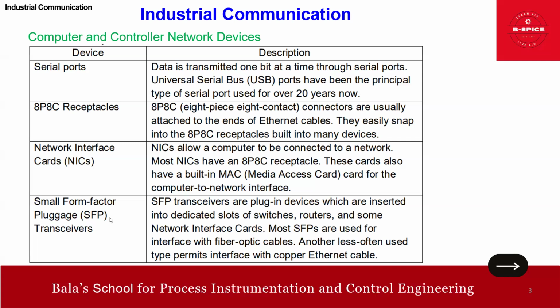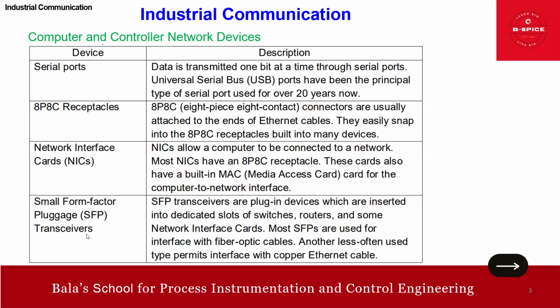Then small form factor pluggable, SFP, transceivers basically. The small form factor SFP are plug-in transceivers or plug-in devices which are inserted into dedicated slots of switches, routers, and some network interface cards. Most SFPs are used for interface with fiber optic cable. That is the point.